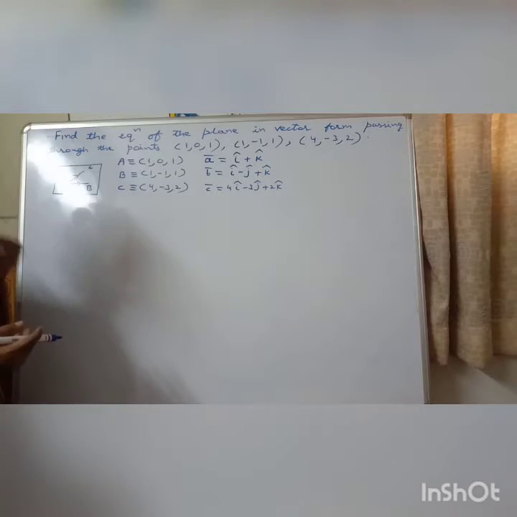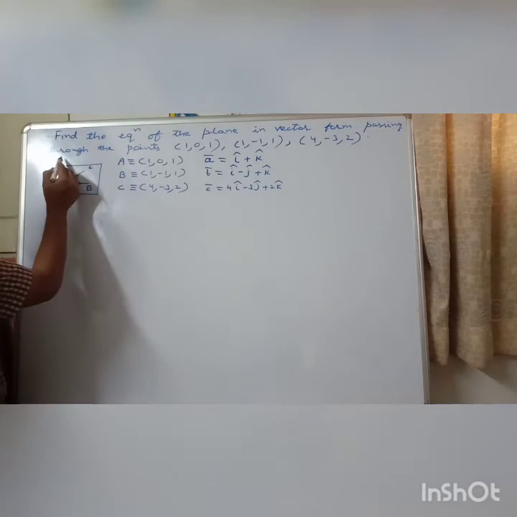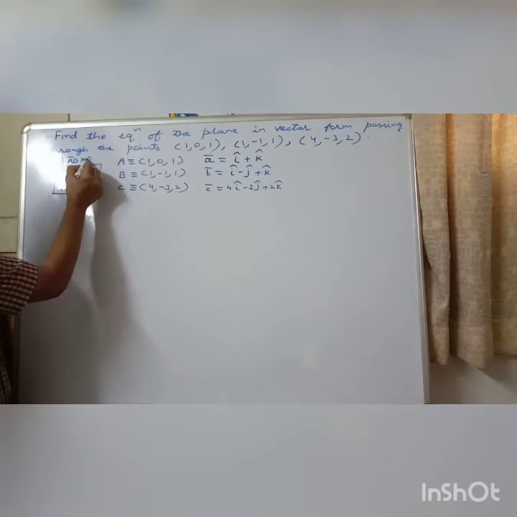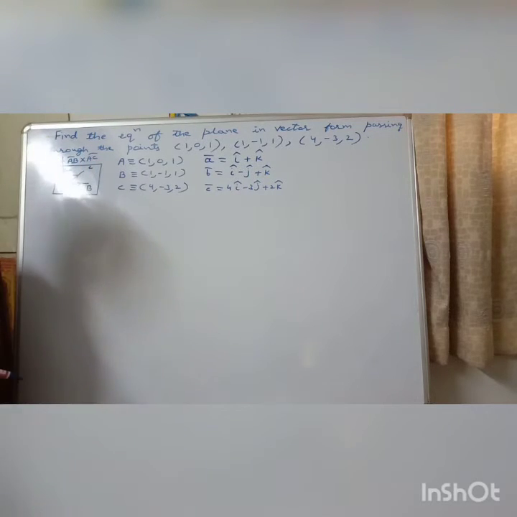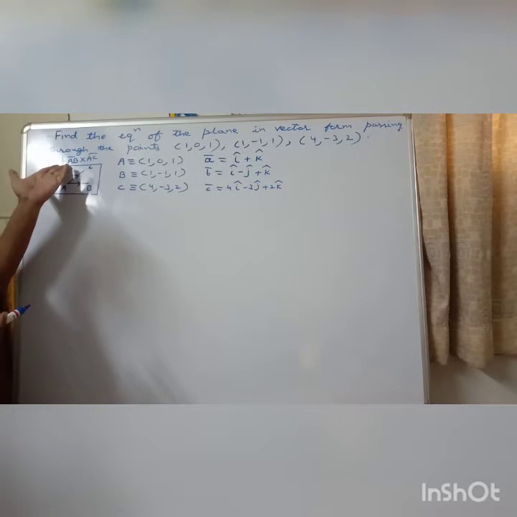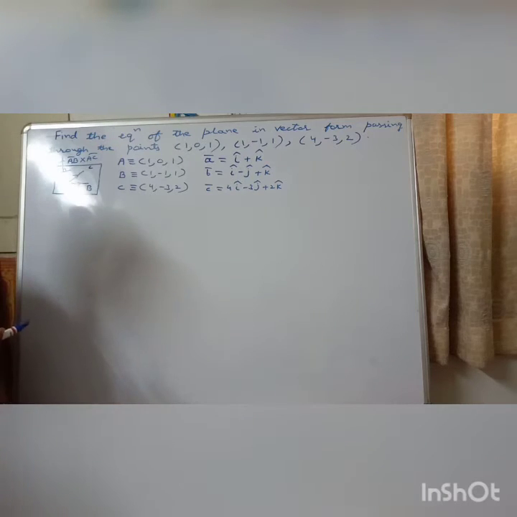So AB bar cross AC bar is perpendicular to the plane of AB bar and AC bar, which means it is normal to the required plane. We have to find the cross product AB bar cross AC bar.